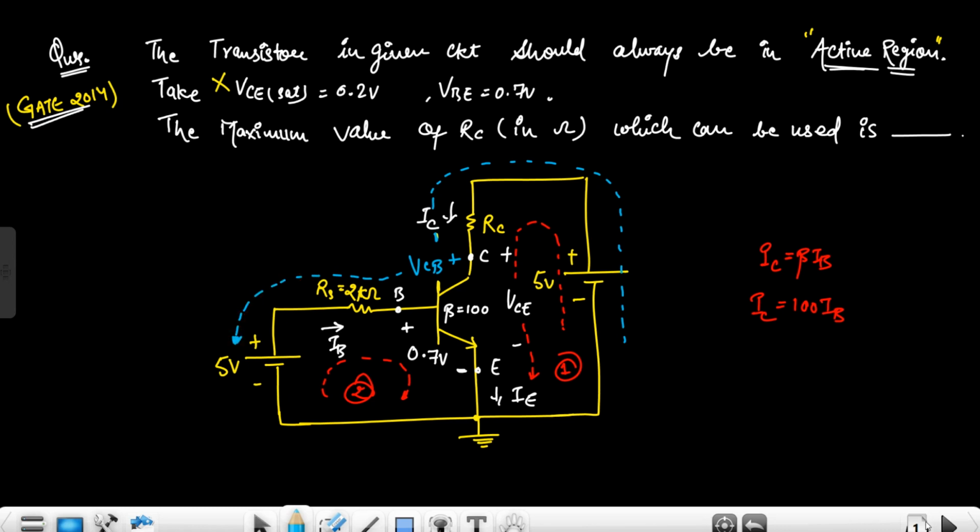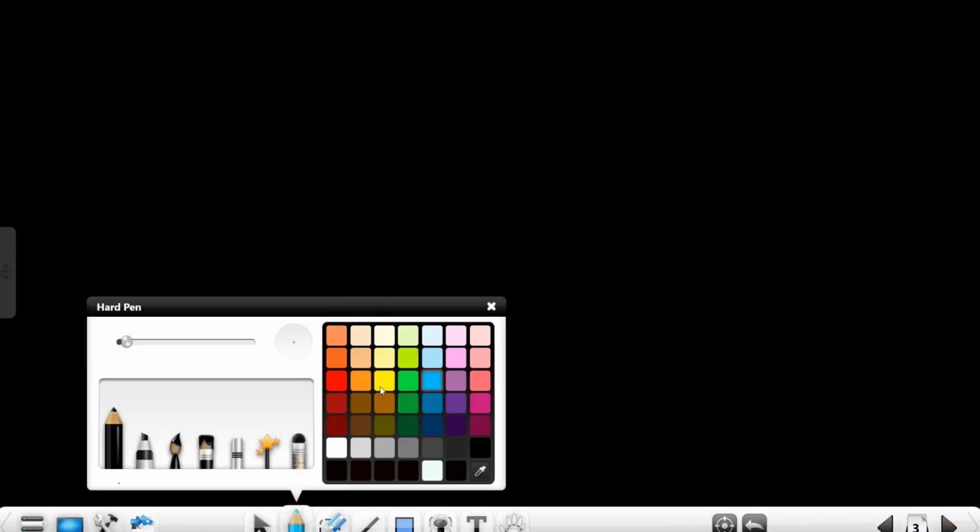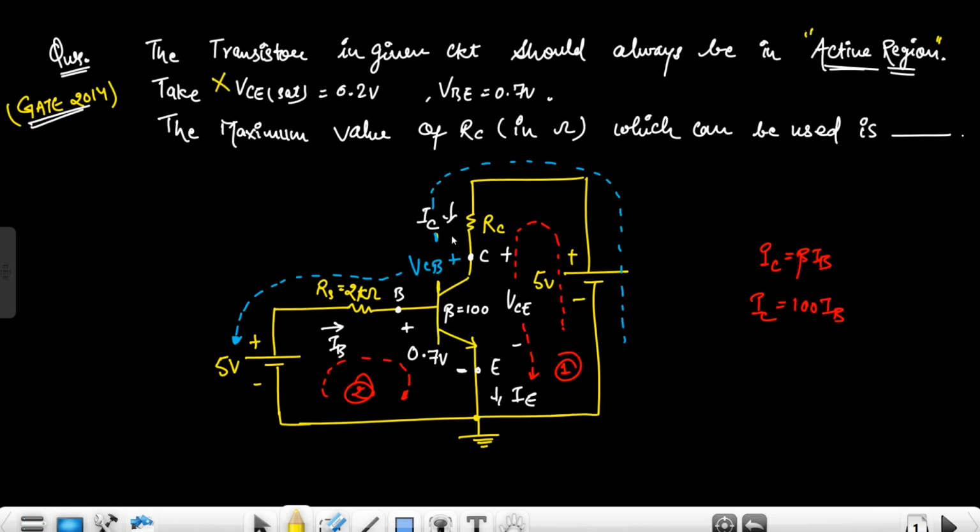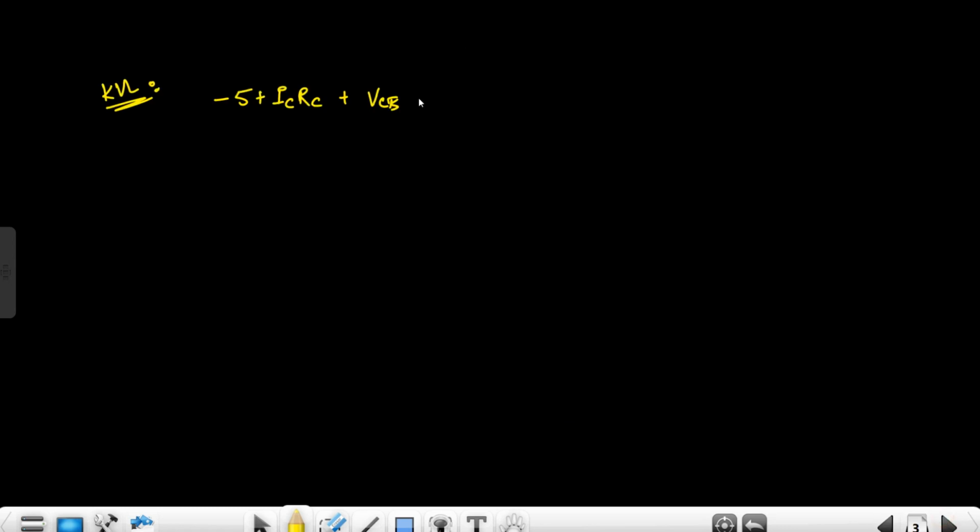So in this KVL: -5, then plus ICRC, plus this VCB. Now we are going in this direction, but the current is coming in this direction, so we have to take care of the direction of the current. So it will be minus 2 IB and then plus 5 is equal to 0.